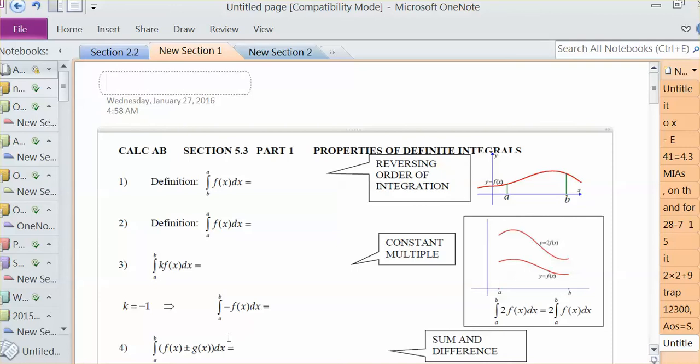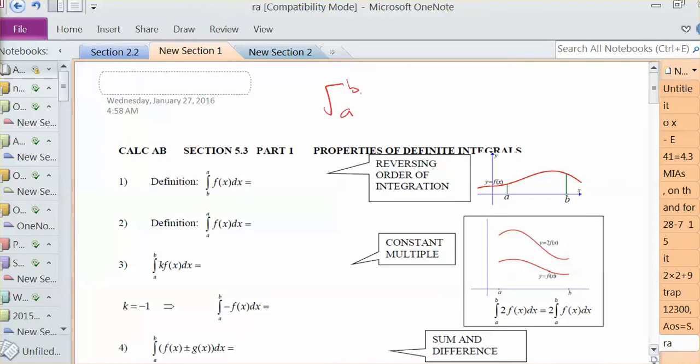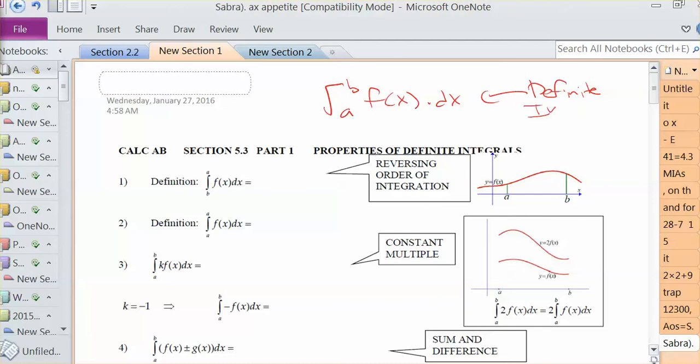So we had defined something called a Riemann sum, which involves sigma notation, and set it equal to something that looked like this, where this is what we call the definite integral. And again, what it gives us is a number that represents the area between the curve and the x-axis in between A and B.